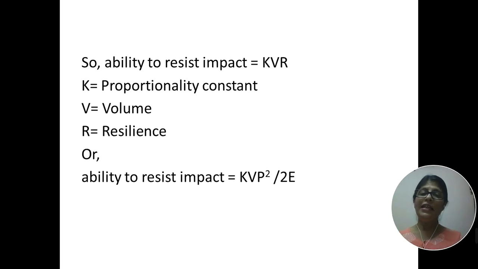And if the resilience of the material is high, the ability to resist the impact is more. If the volume is more, if the proportionality constant is good, if the structural design is good, then it is able to resist the impact. So that is about impact. It is the collision between the stationary object and the moving object.